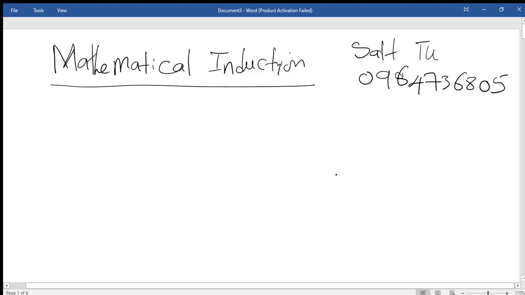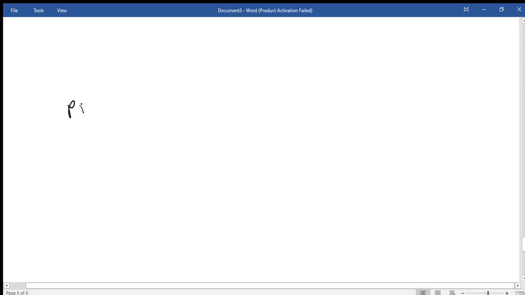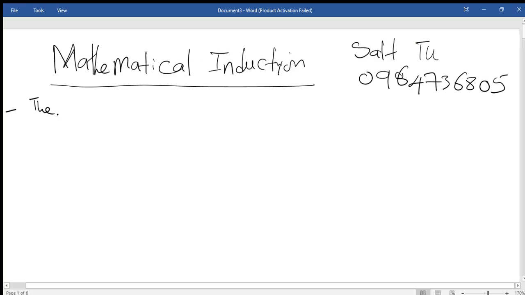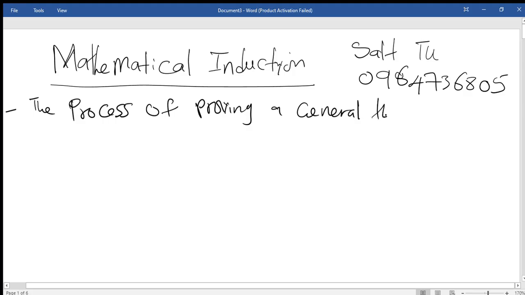So I'm looking at mathematical induction. Just as we said in the previous class, mathematical induction is one of the processes of proving a general theorem or formula.